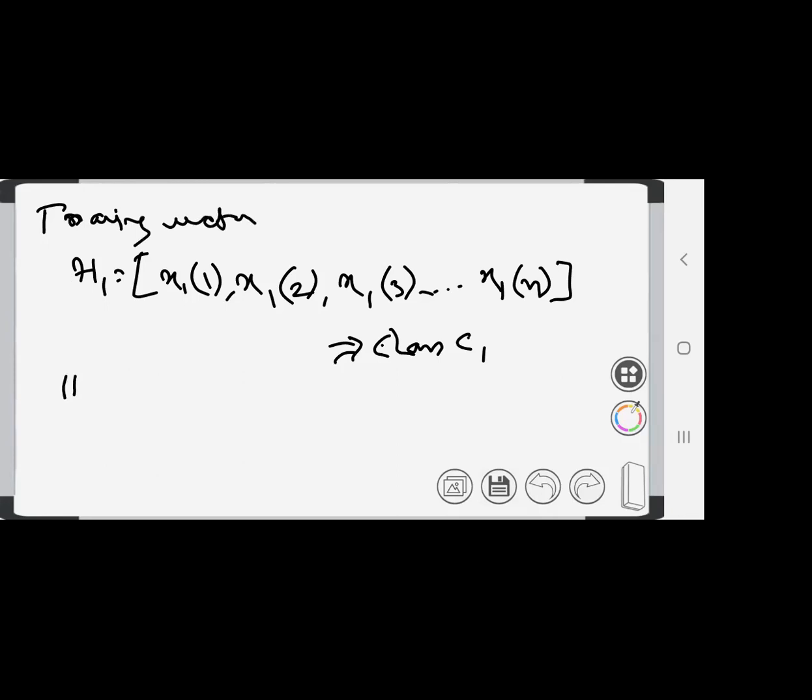And for class C2, we have H2 equal to x21, x22, x23, up to x2n. Now, clear? The union of H1 and H2 is the complete space, denoted by H. We denote the complete training set as H equal to H1 union H2.